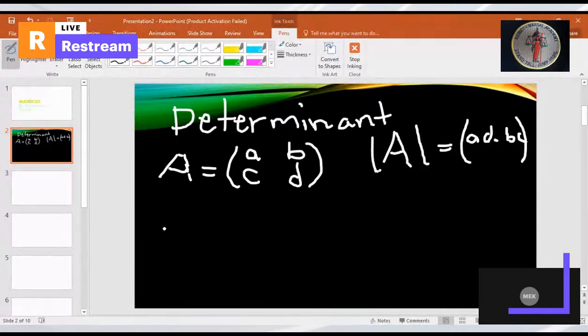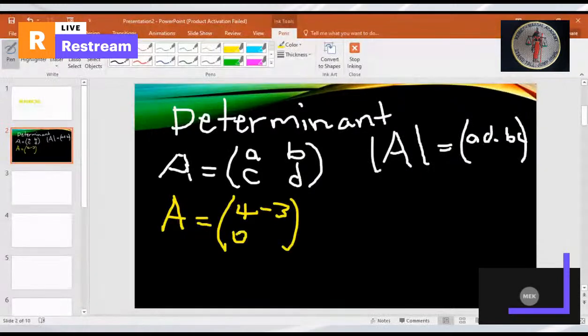So we're going to work an example. So let's actually put in some figures now. So let's say matrix A is 4, negative 3, 0, 2.